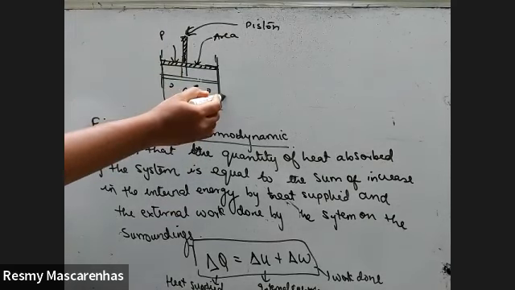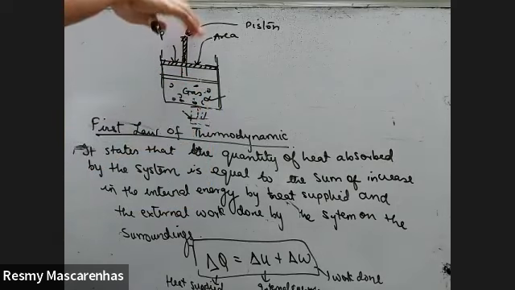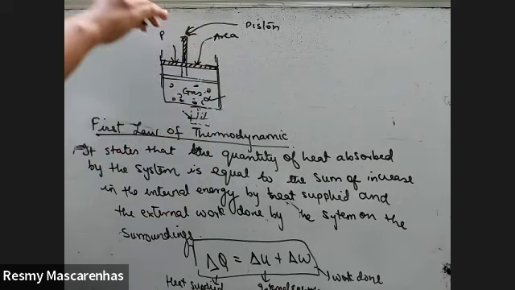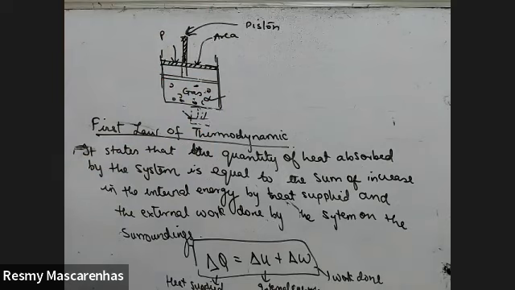And then there is one piston which is trying to do some work on this, so there's some pressure applied, the molecules will come closer, the forces will increase, and that also will lead to a rise in the energy. Work is also nothing but a form of energy. So two ways: total heat will be internal energy plus the work done by the piston.